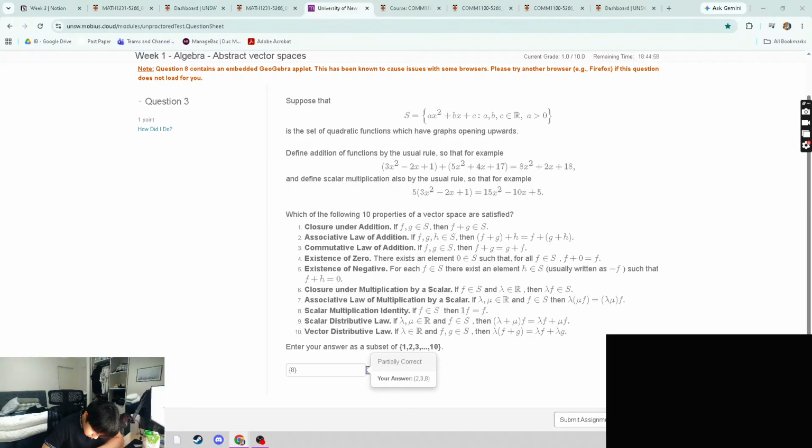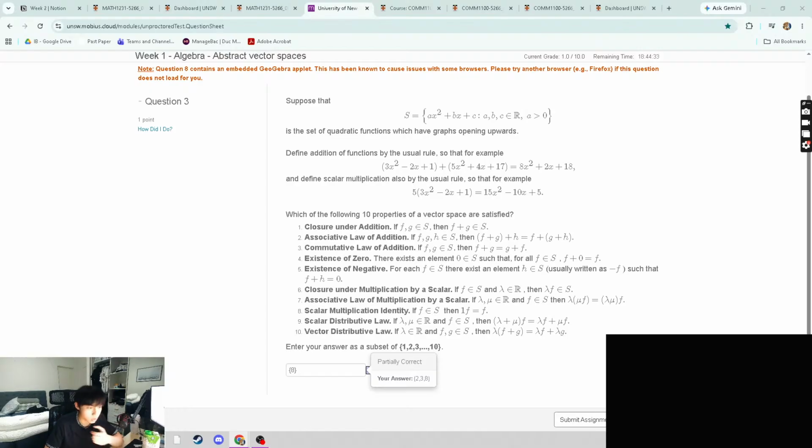Because a is always larger than 0, x squared works, 2x squared works, 3x squared plus 2x works, 5x squared plus 2 works, right? Because it's just like 5x squared plus 2. Yeah, it's still a quadratic. That's my fault. That's 1.